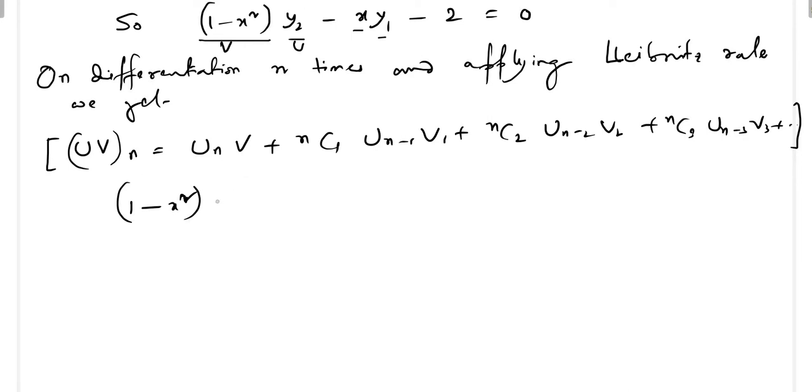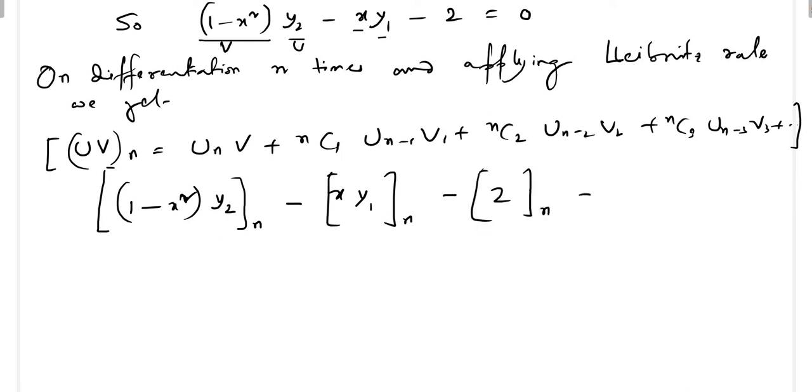Okay, let me write in this way: y2 nth order minus x y1 nth order minus 2 nth order equal to 0. Okay, so this is your u, this is your v, this is your u, this is your v, and there is nothing, the derivative of 2 is 0 always. So I am going to write the answer according to this formula.